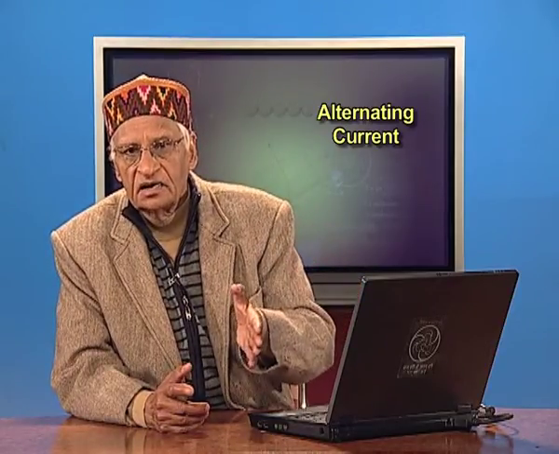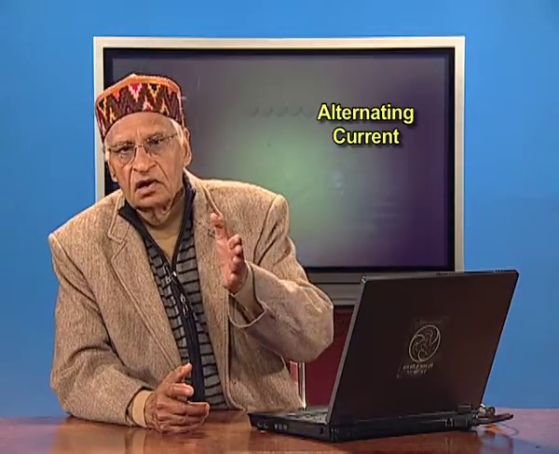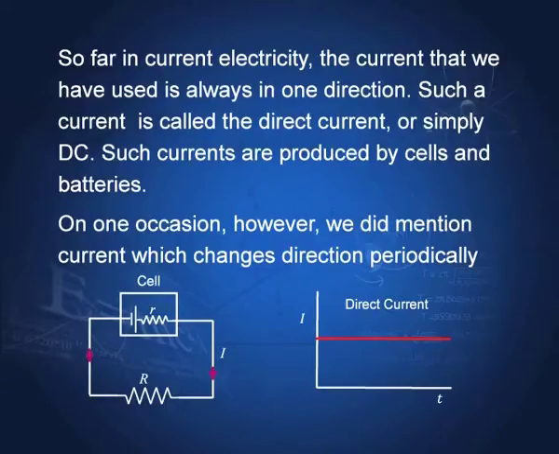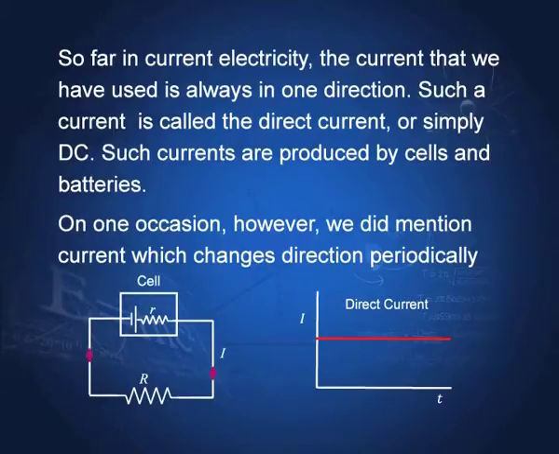For half the cycle, it is in one direction. For the remaining half cycle, it is in the opposite direction. Such currents are known as AC currents, and the currents which we have used so far, which are always in one direction, are called direct currents or DC. So, we are now going to use AC instead of DC.